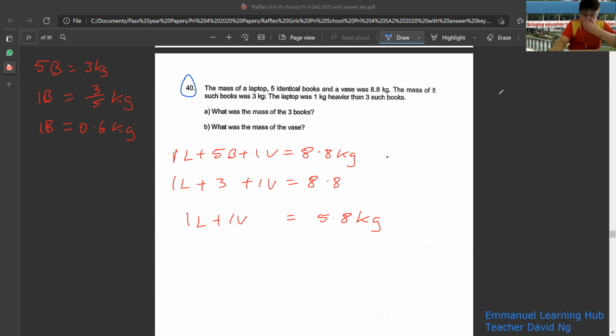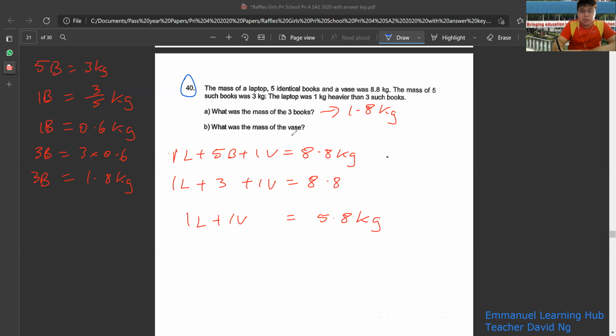One book is 0.6 kilogram. So 3 books will be 3 times 0.6 equal to 1.8. So the mass of 3 books is 1.8 kilogram.